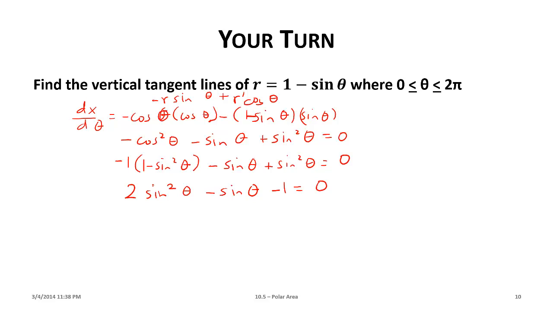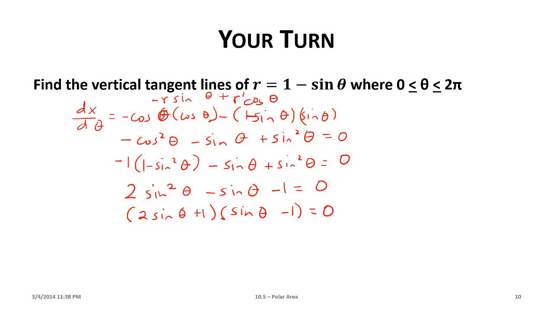From there, we go ahead and factor it out. Just pretend this is 2x squared minus x minus 1. And the two numbers that fit in are going to be 2x plus 1 and x minus 1. So instead of x, you just plug in sine. So 2 sine theta plus 1, sine theta minus 1 equals 0.